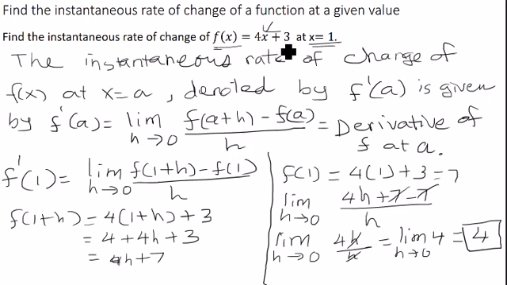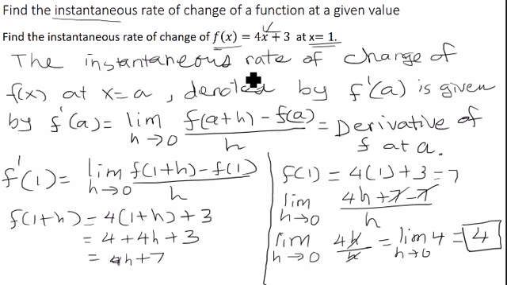So there are three meanings of the instantaneous rate of change. The first meaning is it gives you the change ratio, which means the rate of change when you change the x value by a very small quantity. The second thing you can think of this as geometrically speaking, this is going to give you the slope of the tangent.